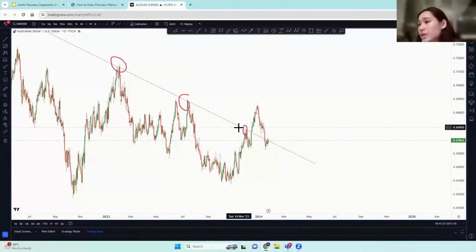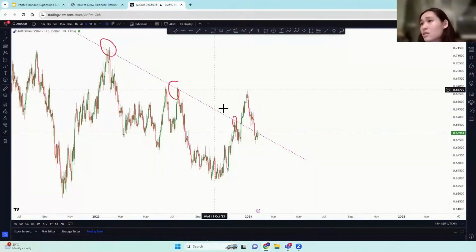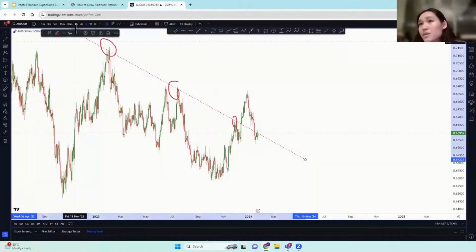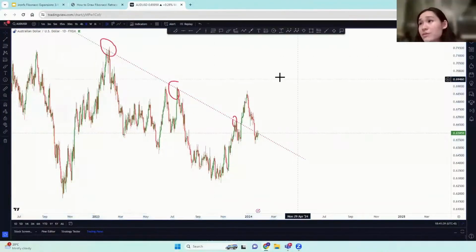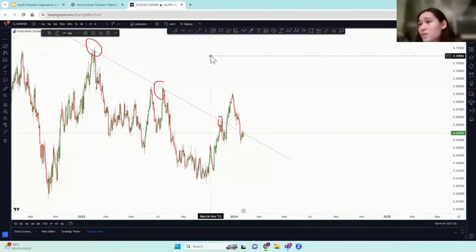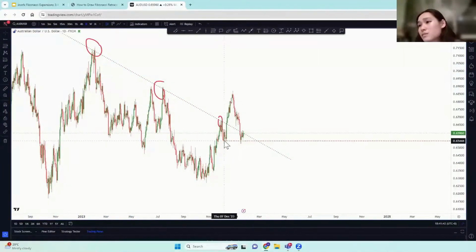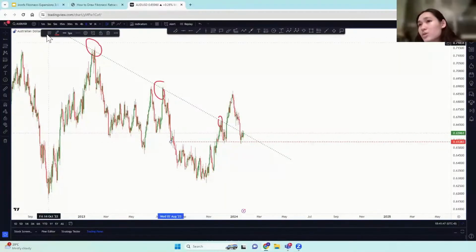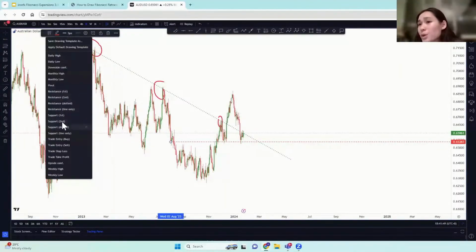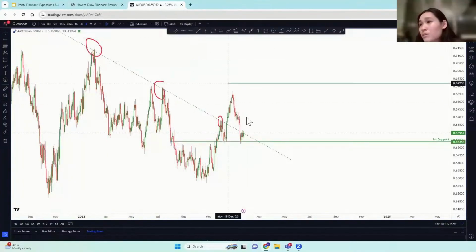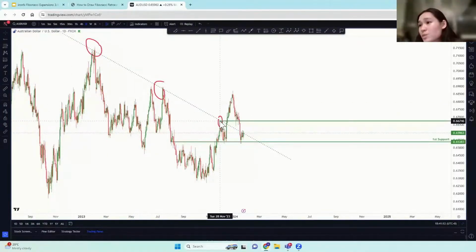Now let's go ahead and add some support and resistance levels again. So this is my first support. Second support.